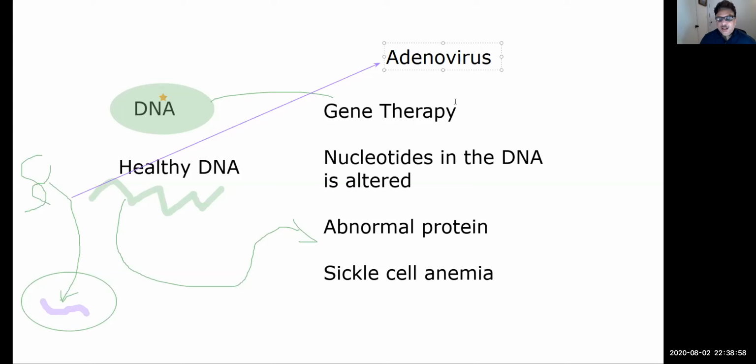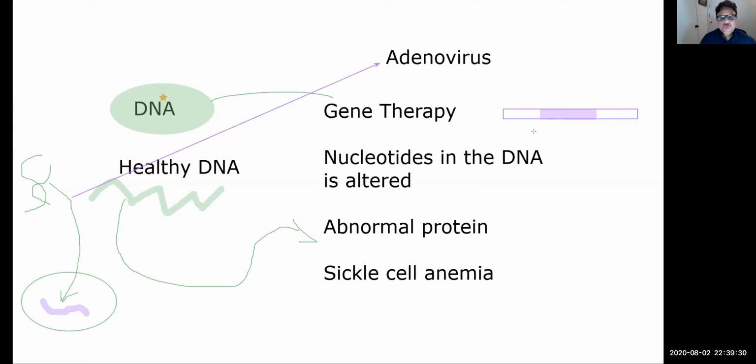Now, how is it possible? You can ask me how it is being done. So let's say this is the DNA of an adenovirus, right? Now this adenovirus DNA could have patches of bad DNA.